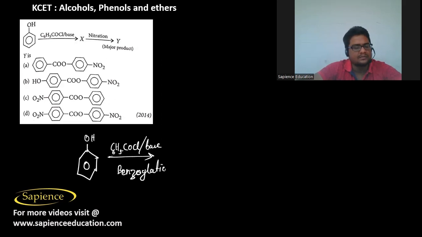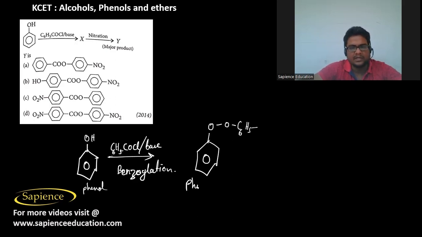Benzoylation it is called. It is phenol, and then it will produce OC6H5, called phenyl benzoate, which is the compound X.